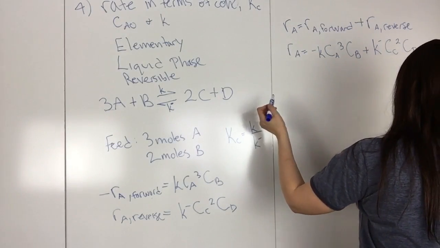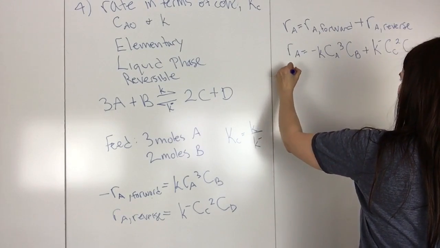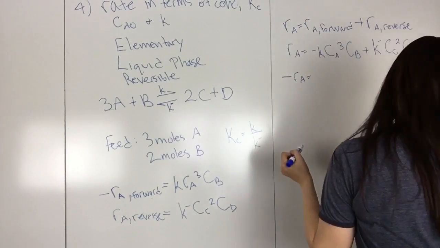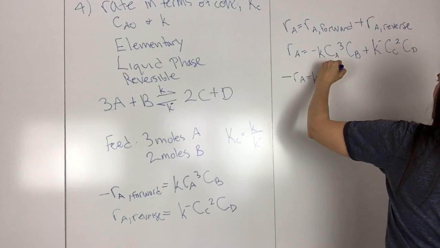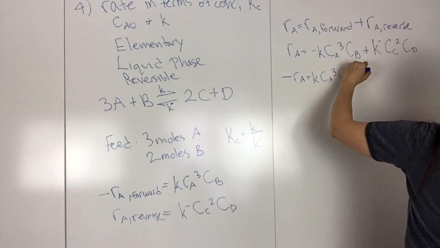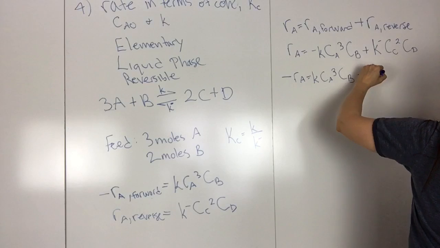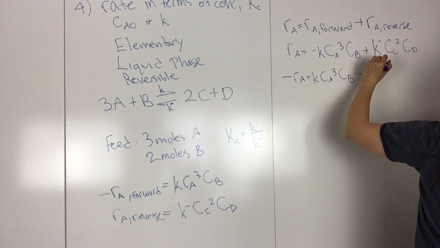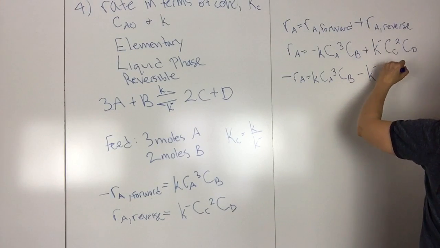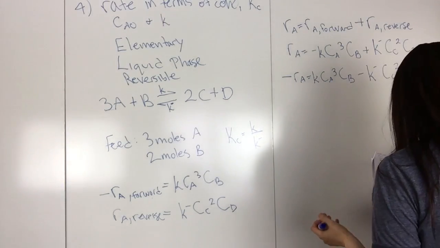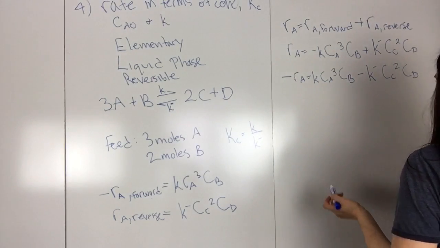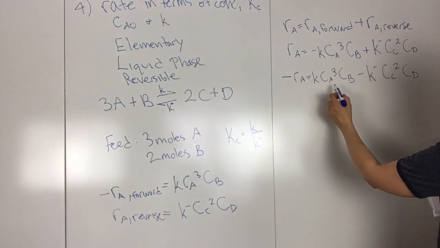So multiplying through by -1, we get the rate of disappearance of A is equal to k CA cubed CB minus k minus CC squared CD. And then we want to pull k out.